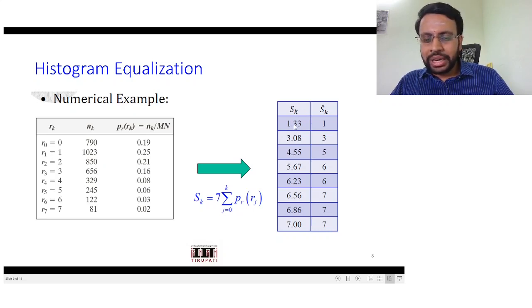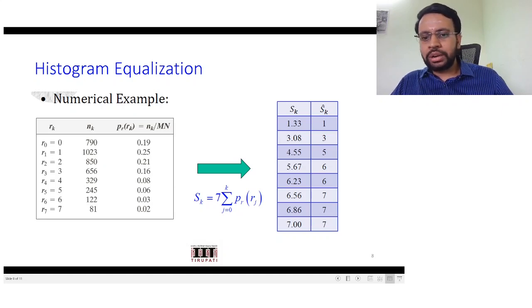Now how do you compute the s values here? You would compute the s value using L minus 1, which here is 7. Let's say I want to compute where 0 is getting mapped to. I would take 0 and sum up the probabilities till then, which is 0.19 here.